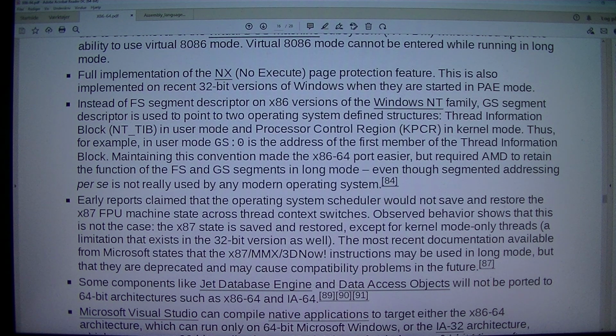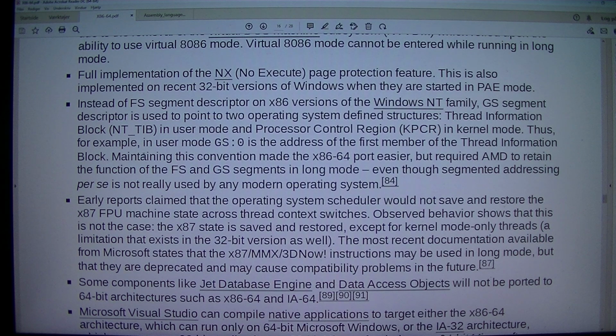Instead of the FS segment descriptor on x86 versions of the Windows NT family, the GS segment descriptor is used to point to two operating system-defined structures: the thread information block, NT_TIB, in user mode and the processor control region, KPCR, in kernel mode.